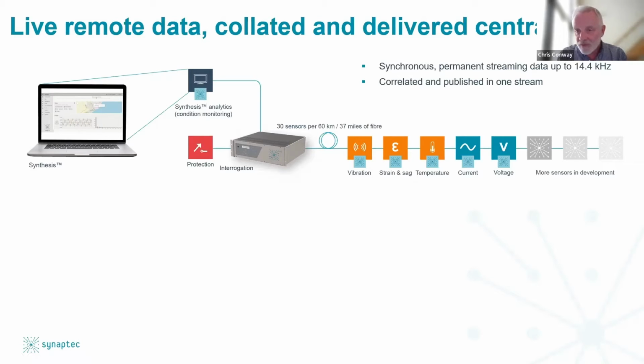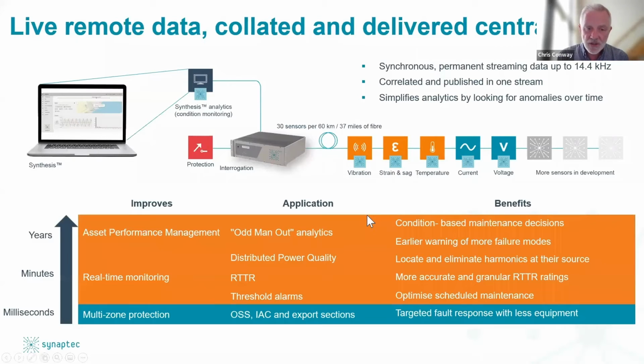But we combine everything so that it is all published in one data stream from the interrogation system. So we're looking at analytics from all of these data sources, but over multiple time scales.